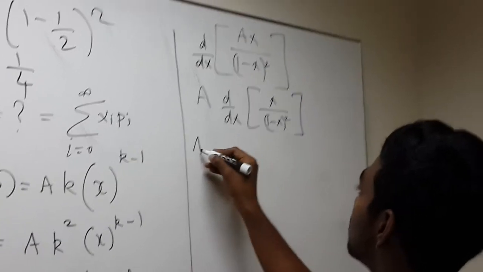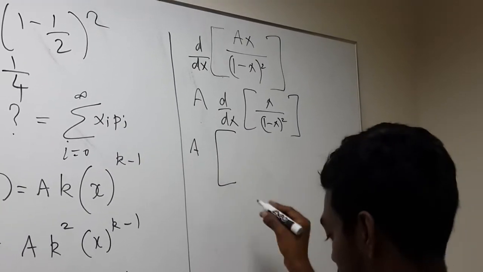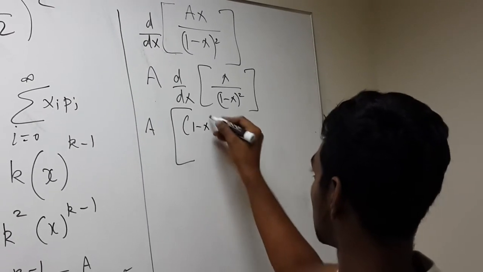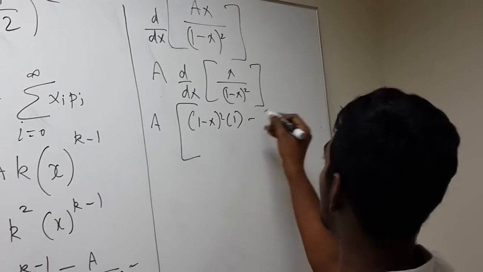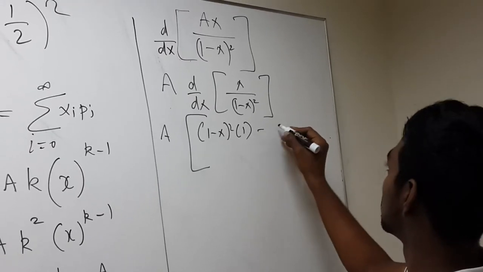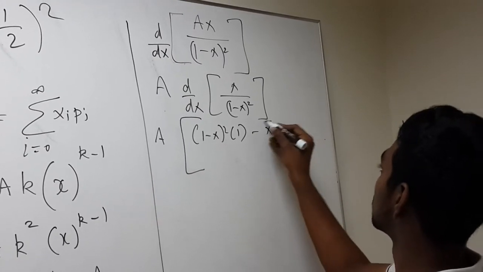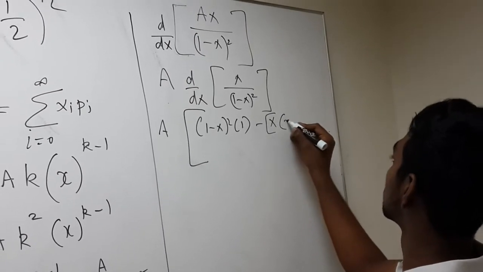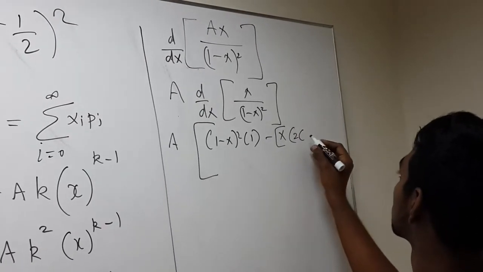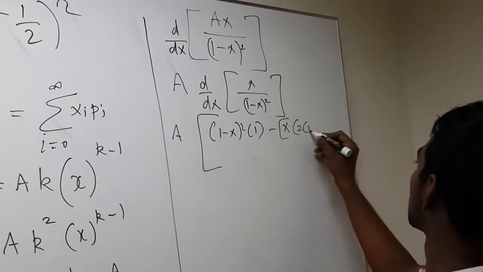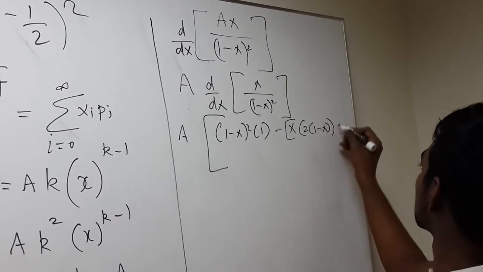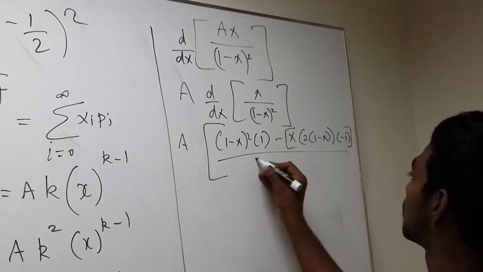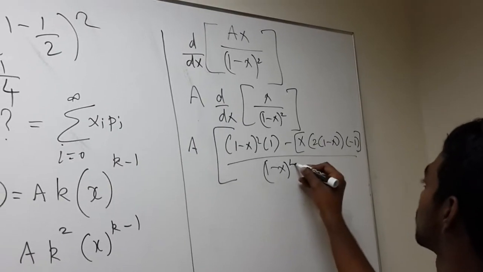So this is going to be a times: v is (1 minus x) the whole square into 1, minus u into dv, which is 2 times (1 minus x) into minus 1, by (1 minus x) the whole power 4.